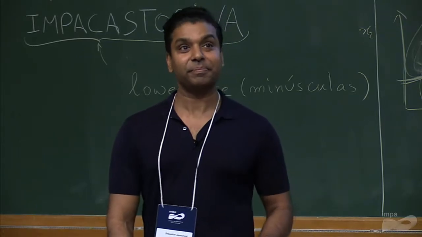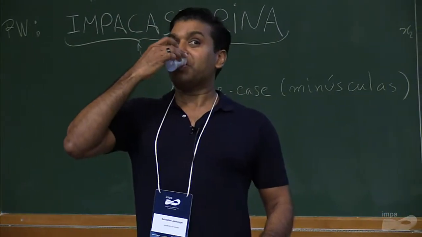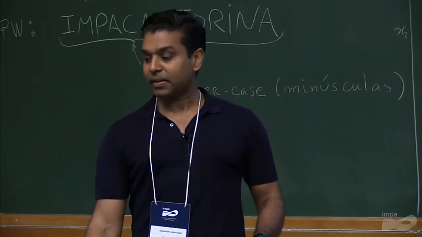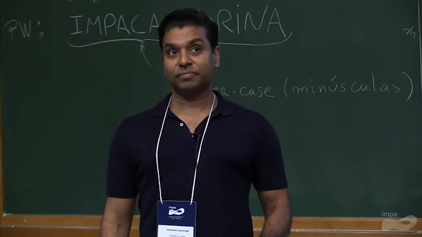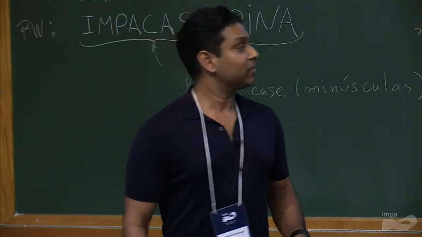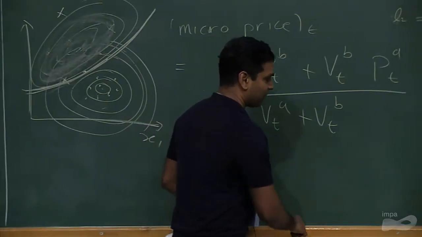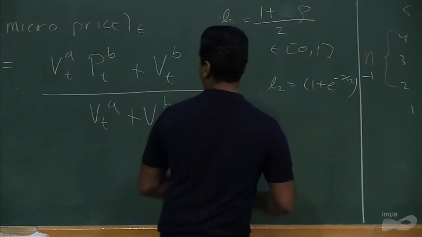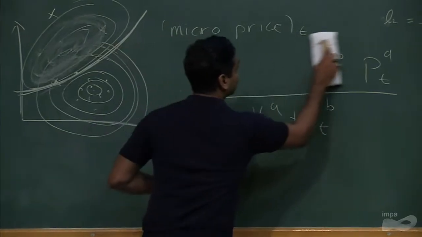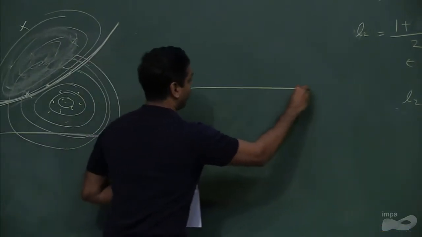Yes? This price movement that you are measuring, it's measured by the micro price versus the initial price. How are you measuring? The question is about how am I measuring the price changes that are occurring here. Let me make it crystal clear.